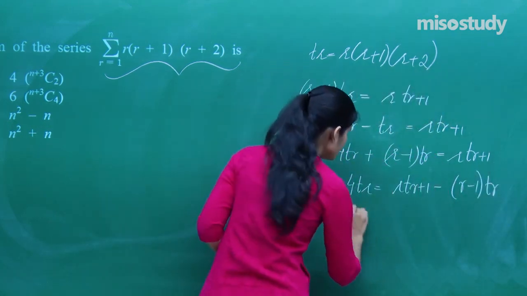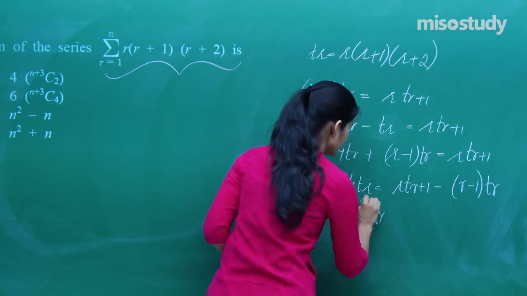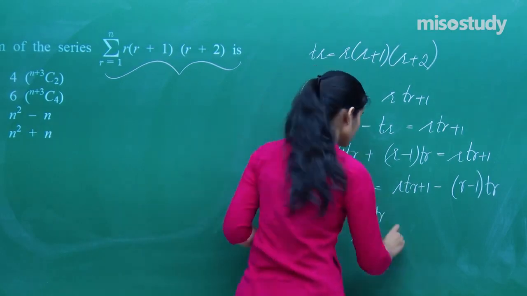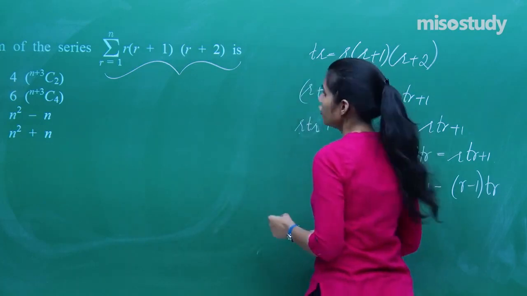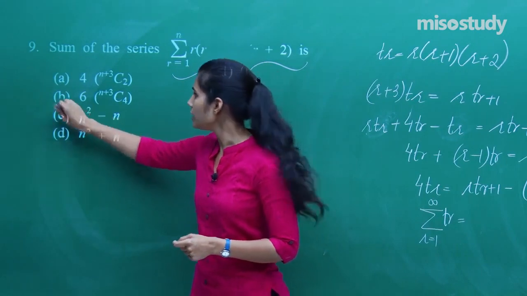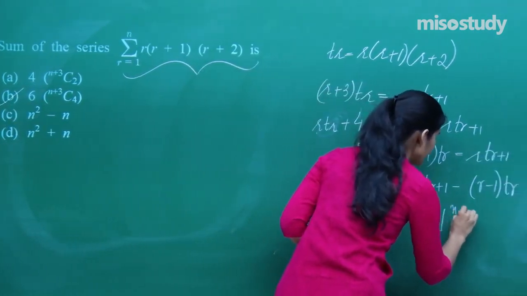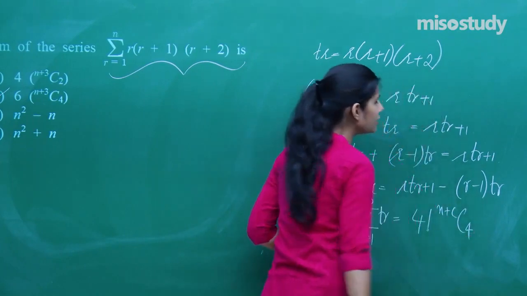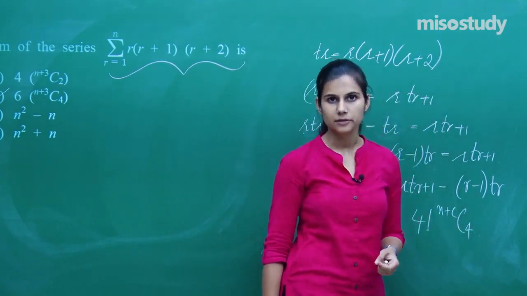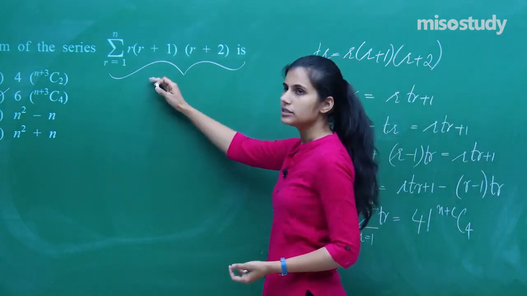And therefore, the moment you take the summation, the infinite summation actually comes out to be 4 factorial n plus 3 C4. That's what you get. Very easily you are going to get this as your answer. Fine, that's how you get the sum of this particular series.